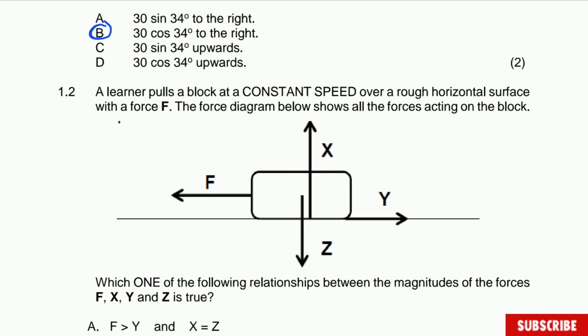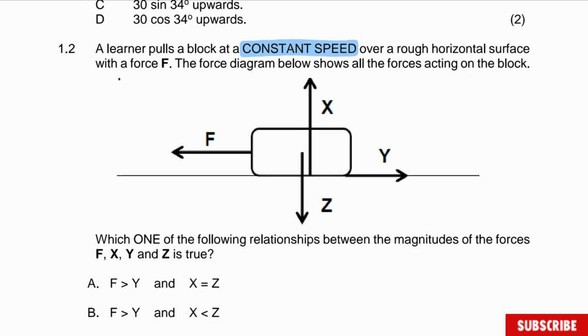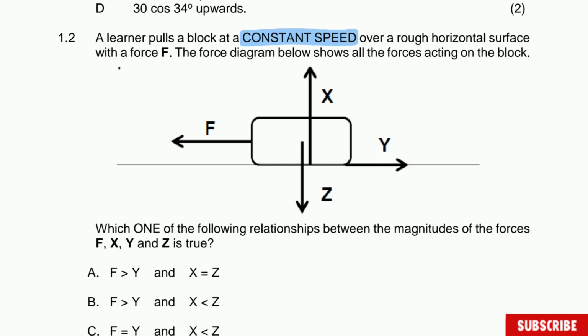Now, important concept here: this is moving at constant speed. According to Newton's first law, if it's moving at constant velocity, then the forces are at equilibrium. In other words, the net force is equal to 0.